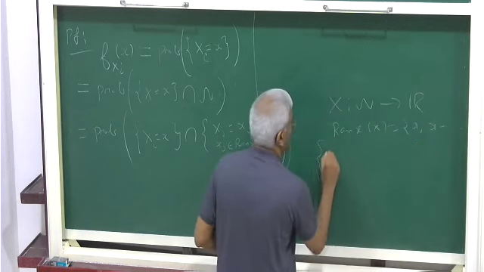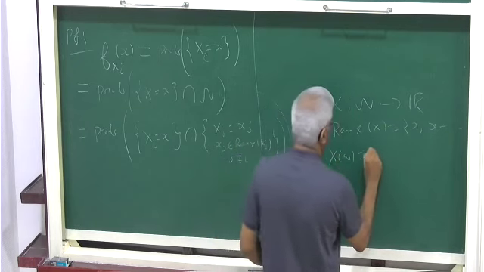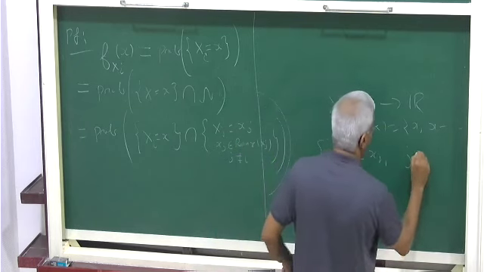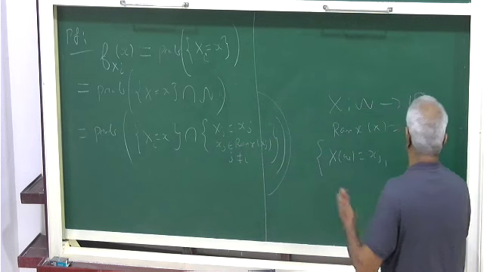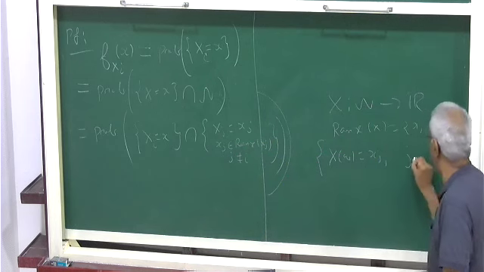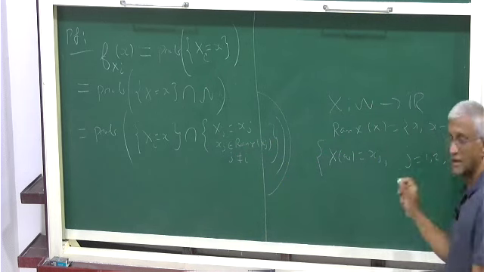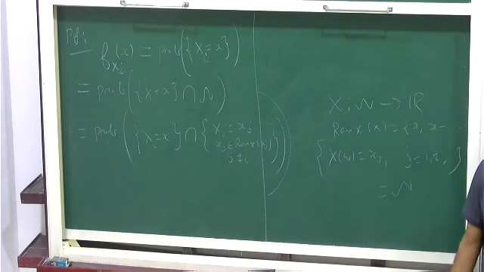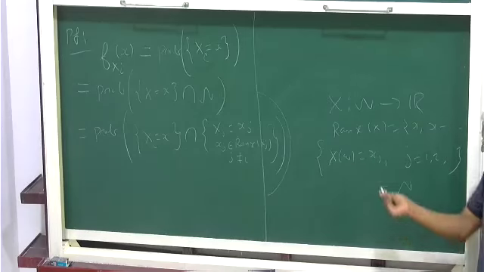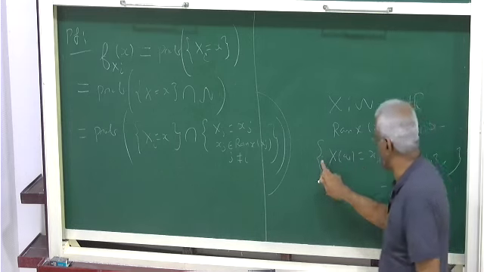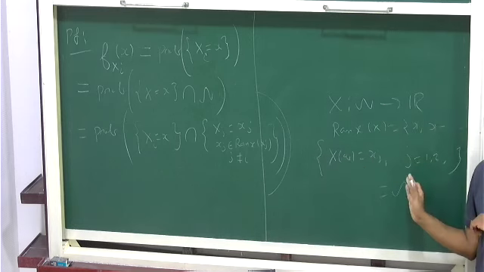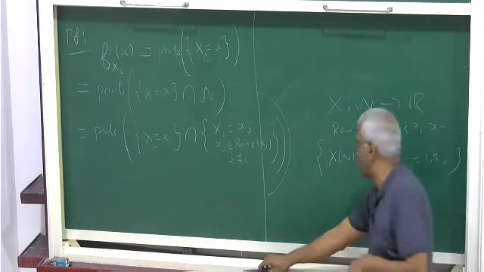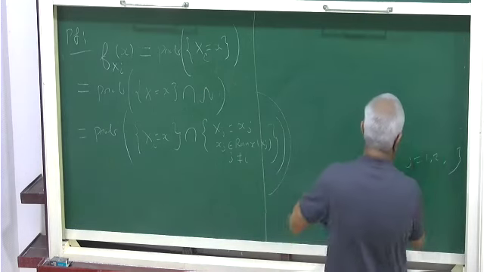Then the set of omega with X_j equal to x_j, where j ranges over all j, including j equal to 1, 2, is exactly equal to omega, right? All those small omega such that X of omega is in the range of X is big omega, right? That's what I have written. The trivial statement.